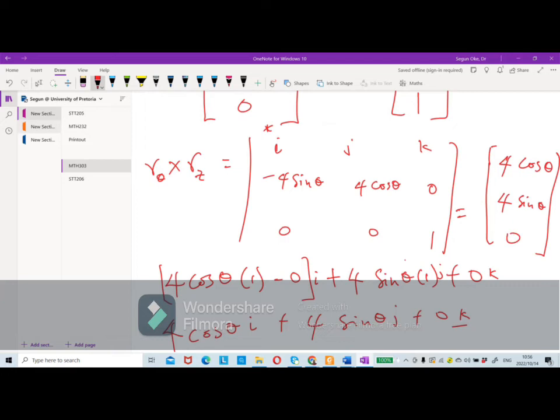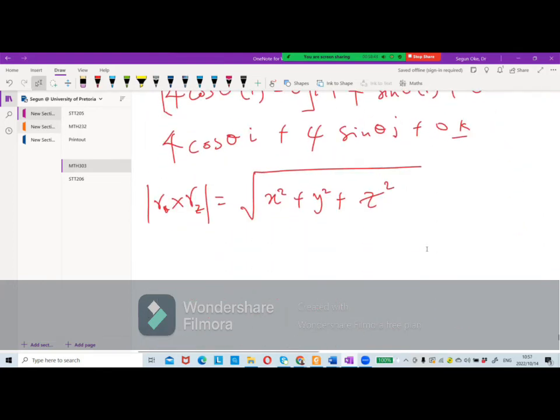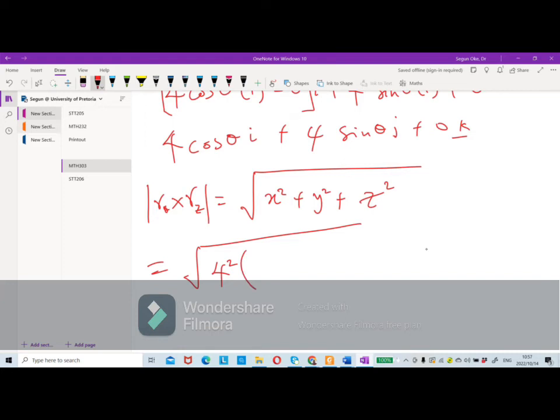Do you agree with me? Yes, sir. So this is x, y, z. So we can substitute it here by saying square root of 4 squared in brackets cos squared theta.